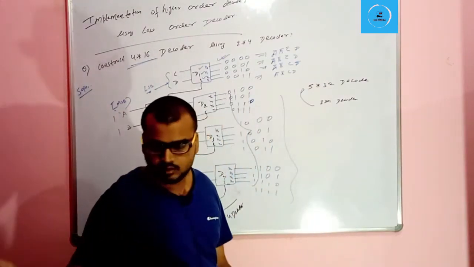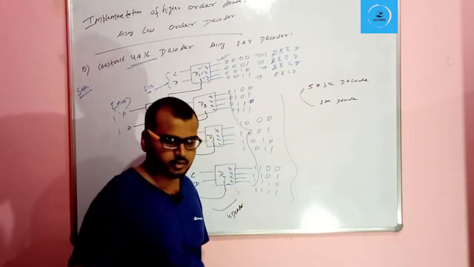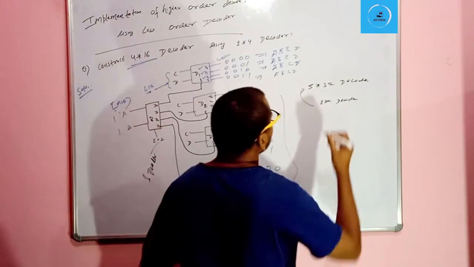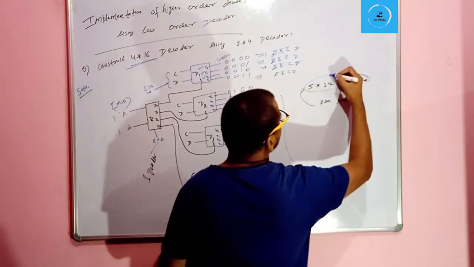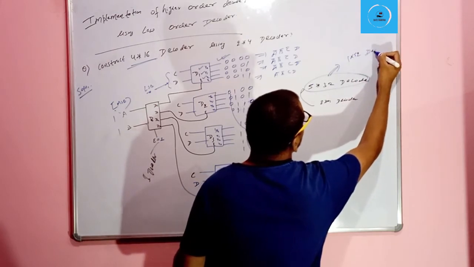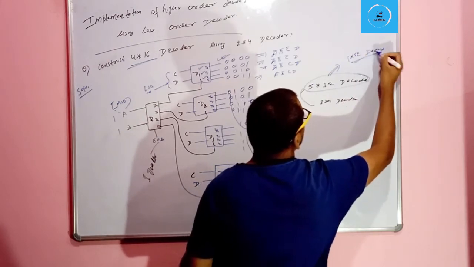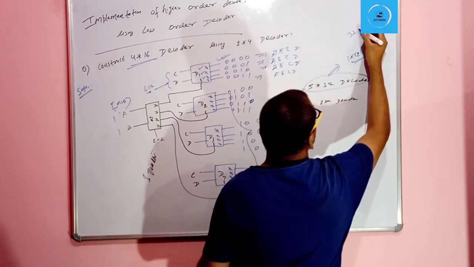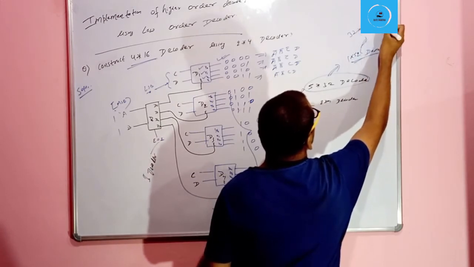So we will write it like the demux. We can write the 5 to 32 decoder as a 1 to 32 demux, and we can write the 1 to 32 demux like a 32 to 1 mux.